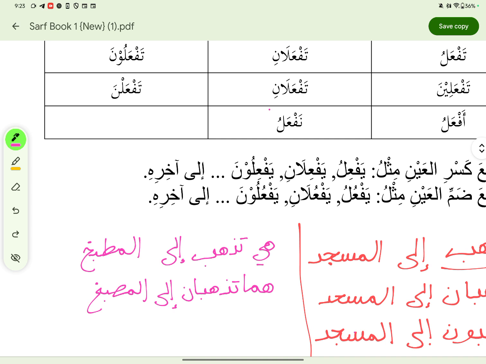It's just a different writing, a different script. I'm just doing it like that so you can get used to it as well, but I wrote it like this initially so you can understand it. What is this? And hunna تذهبن.